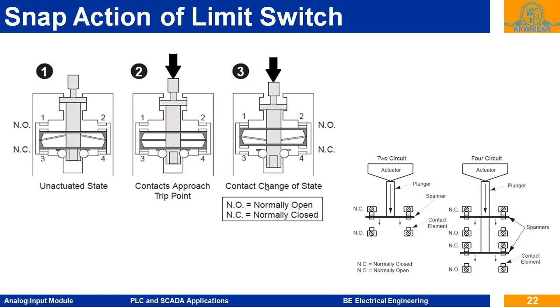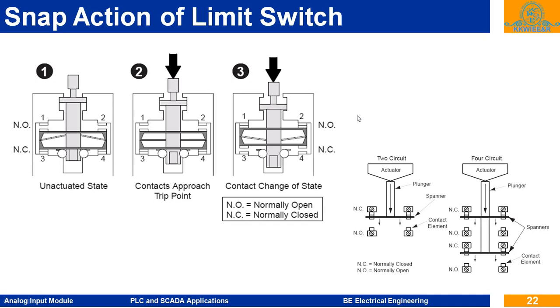When the force is removed from the actuator, because of this spring action it will move in the upward direction. It will move this lever upward and come to its unactuated state. In this way, this is the snap action in the limit switch.